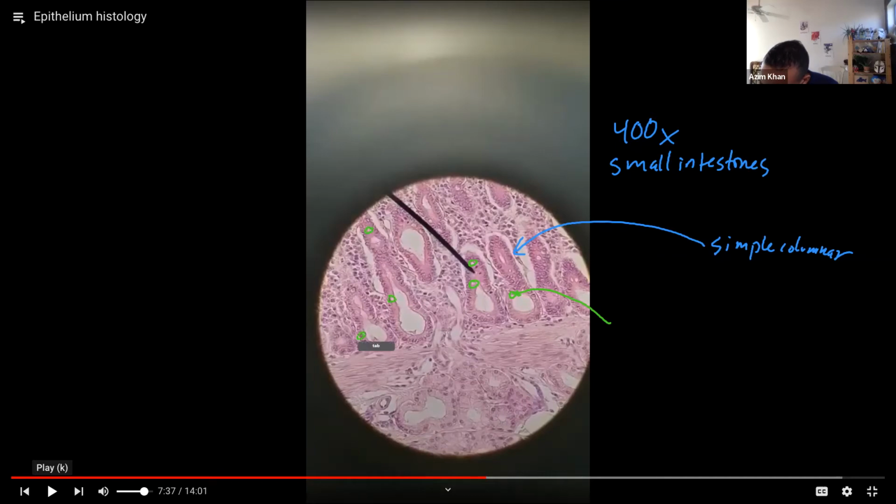These light colored cells, those are goblet cells. And they too secrete mucus, just like mucous cells. They're just arranged differently. We find goblet cells in places like the trachea, respiratory tract, and intestines, small and large intestines. The stomach has mucous cells, the intestines has goblet cells.